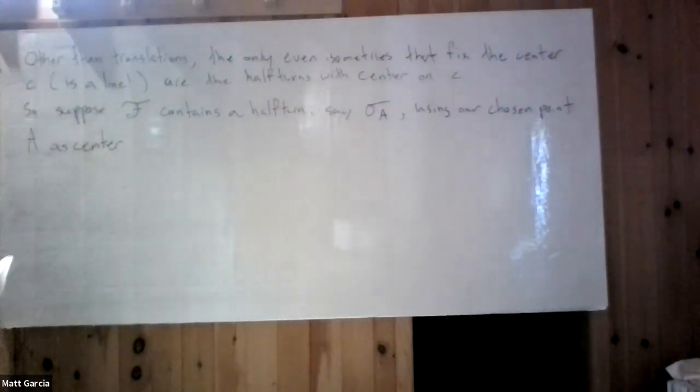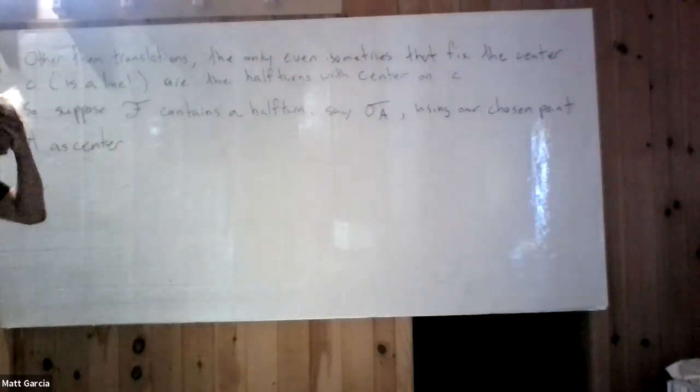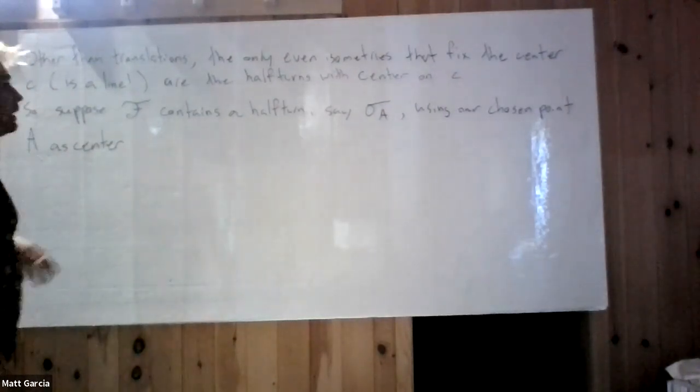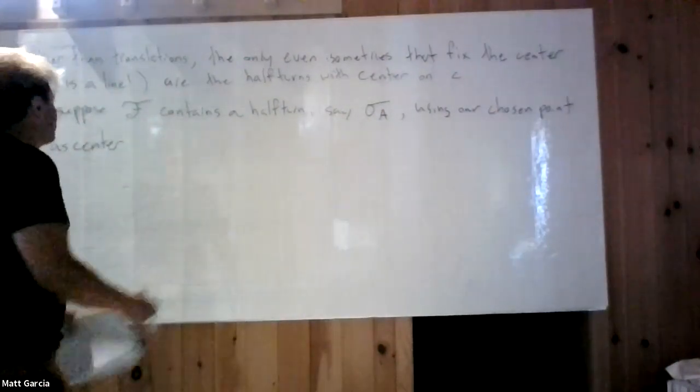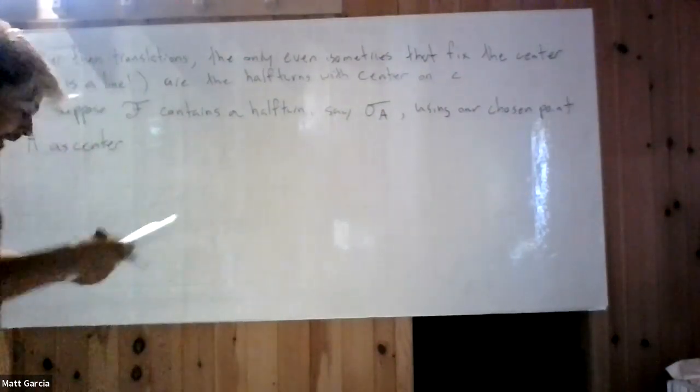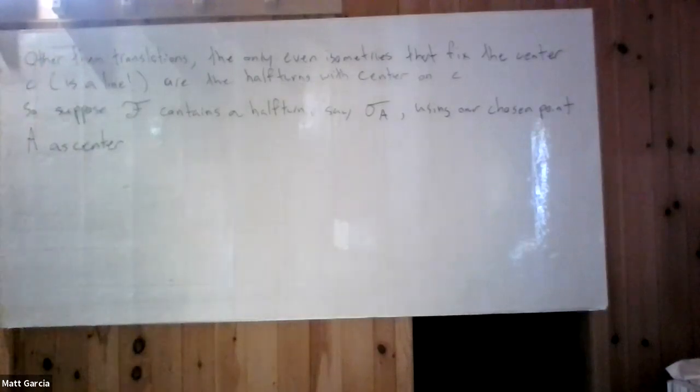Right, we have this complicated methodology for finding A. So since we know A is a point on C, we assume that F contains the half turn centered at A.